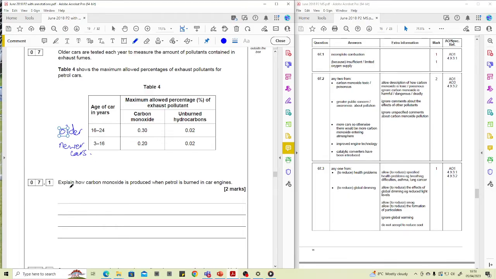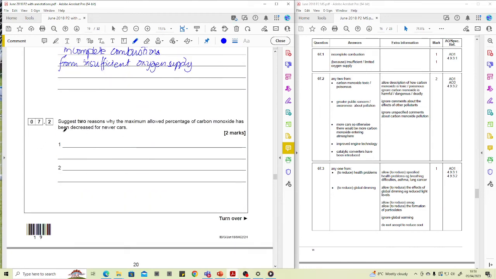So question 7, carbon monoxide, how is it produced? So incomplete combustion from insufficient oxygen supply. Okay, and the 2 reasons why the maximum allowed percentage of carbon monoxide has been decreased. So we could say that it is toxic.